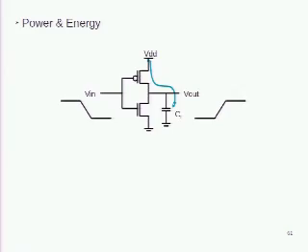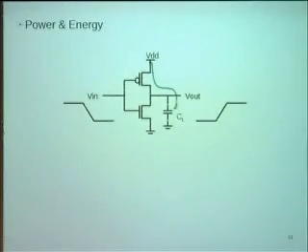Just to illustrate how the power is consumed in a circuit, this is the inverter. When the input goes from high to low, the output goes from low to high. And the other way around is the same. When the input goes from low to high, the output goes from high to low. So that's the basic element in the circuit.